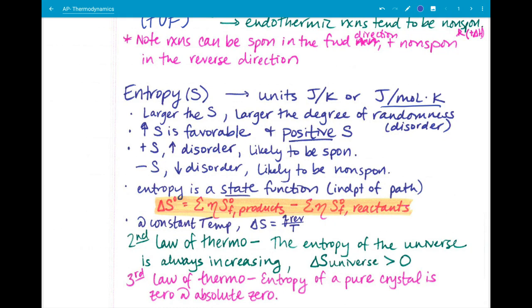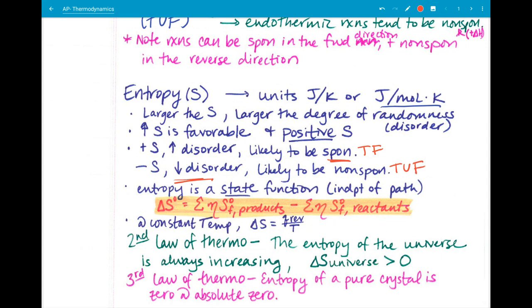Think about how it's easier to keep a dirty room than a clean room. A positive delta S is an increase in disorder. If we have an increase in disorder, we're likely to be spontaneous, or thermodynamically favorable. If we are decreasing disorder, we're likely to be thermodynamically unfavorable.